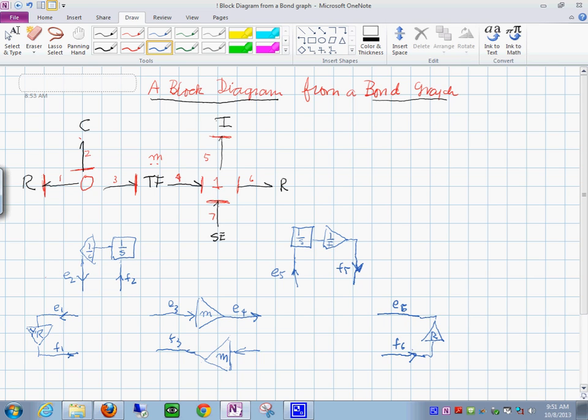Yes? So the transform will be 1 over n? If you relate a transformer like this, TF, and let's say this is M, and then you relate the same thing this way, this one is going to be 1 over M, or vice versa.